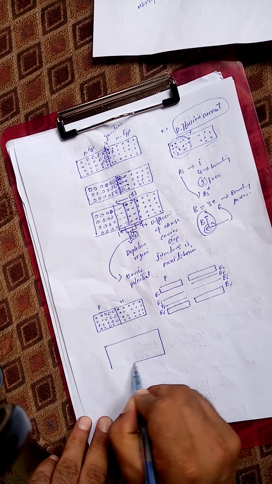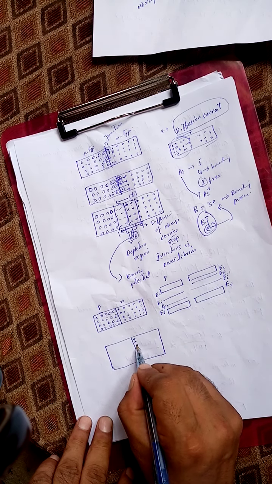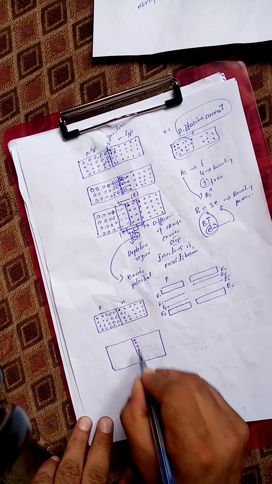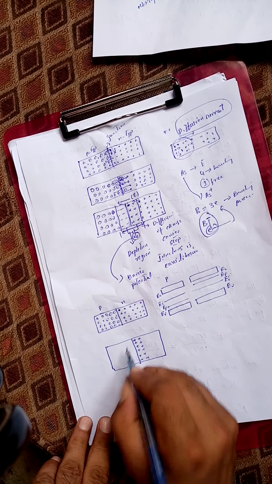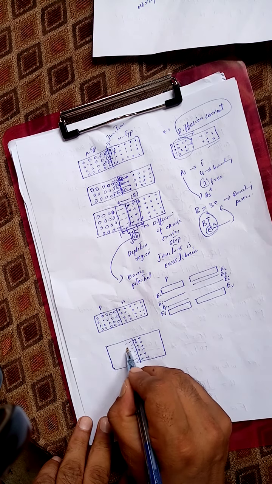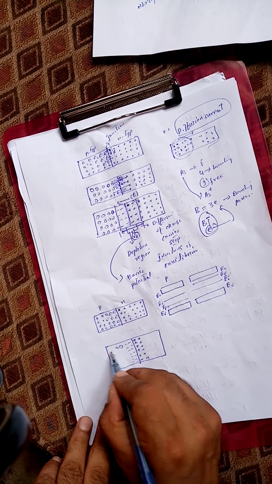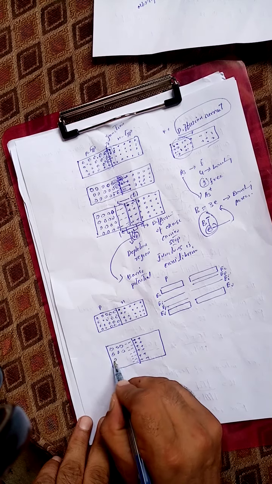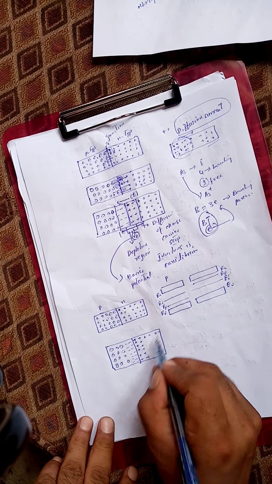I will make a bigger figure. Here we have positive ions, here we have negative ions, and here we have holes, here we have electrons.